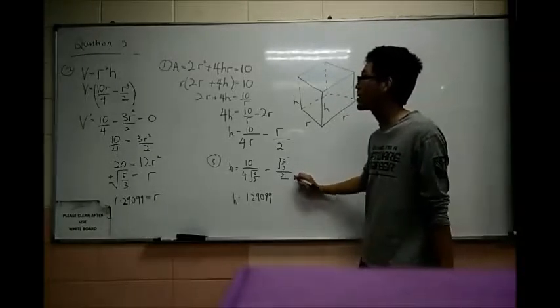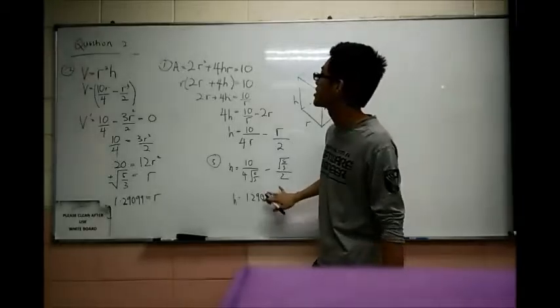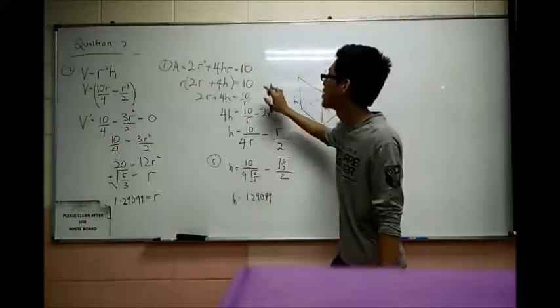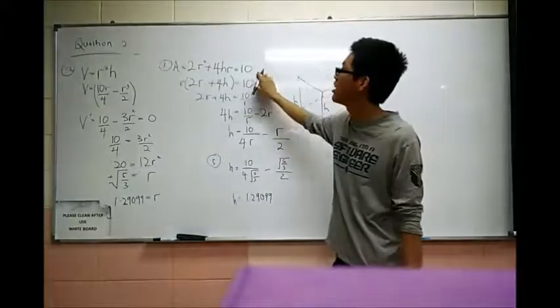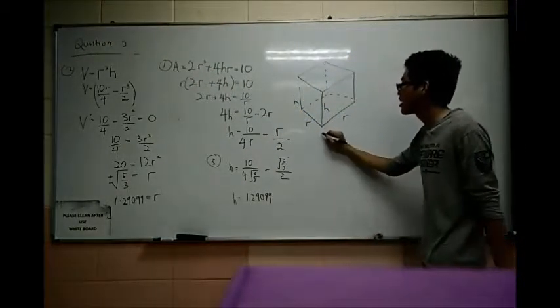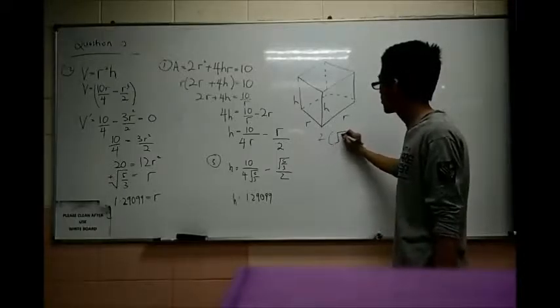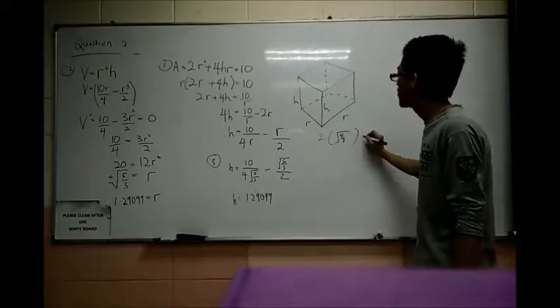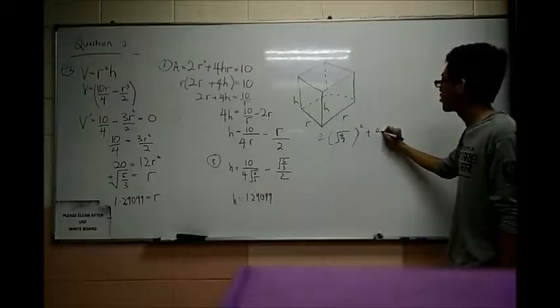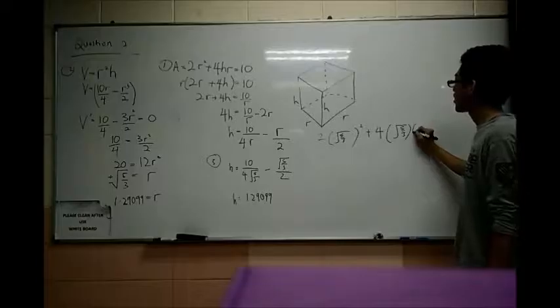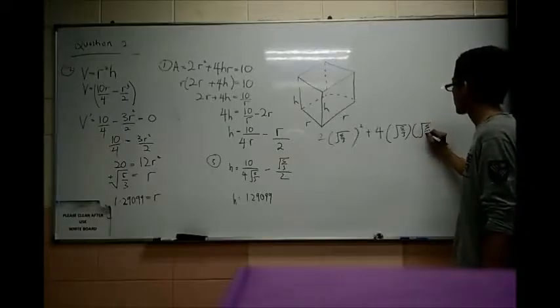Then we try to prove whether this h and R are suitable for this equation or not. We get 2 times root of 5 over 3 squared plus 4 times root of 5 over 3 times root of 5 over 3.